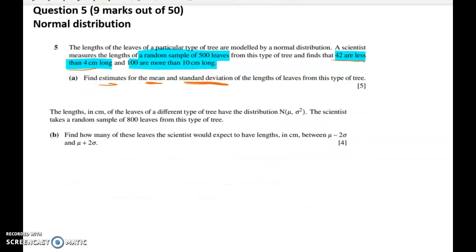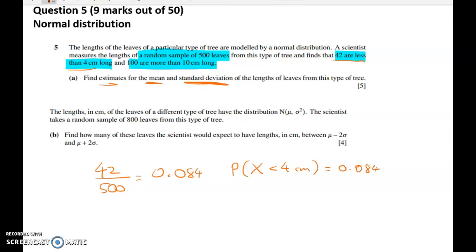So if we've got 42 out of 500, that represents, let's see what that is, that's 0.084. And we can say that the probability that a leaf, X, is less than 4 centimetres is roughly equal to that number.